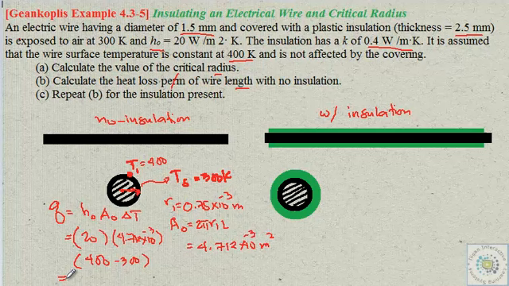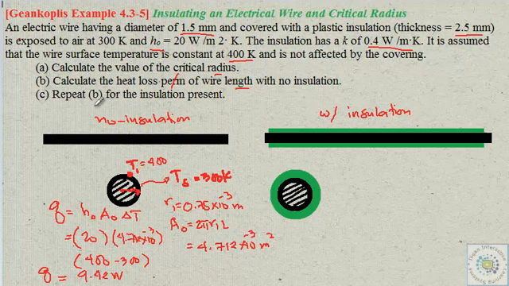That then leads to Q equal to 9.42 watts. Which means that if this wire is exposed to the air with no insulation, it will be releasing 9.42 watts of heat to the air by convection.